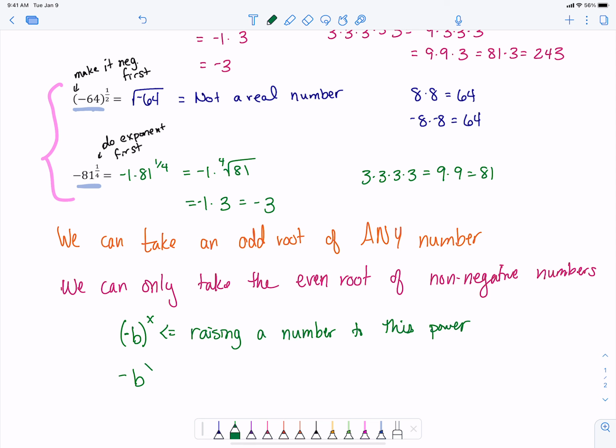But when we have negative b to the x, that is multiplying b to the x by -1. And it really goes back to order of operations. When it's inside of that parentheses, we make it negative first. When there's no parentheses, it splits this up as -1 times b to the x, and we do our exponent first and our multiplication second.